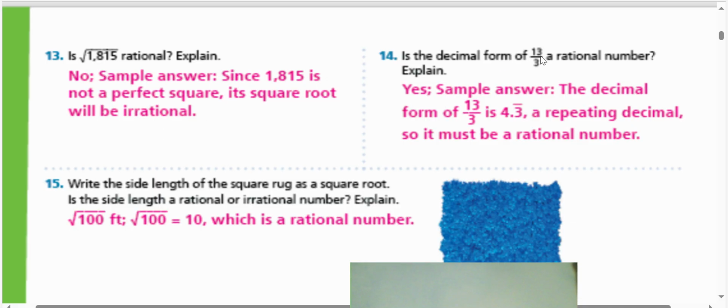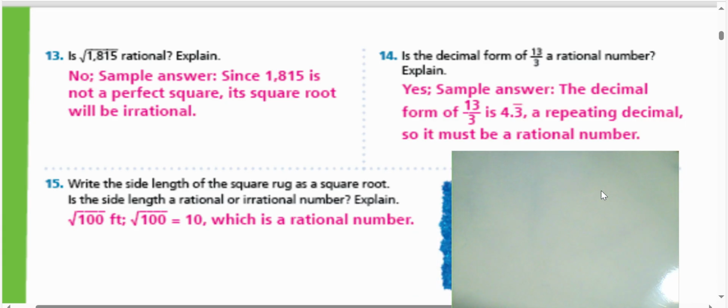Is the decimal number 13 over 3 rational or not? This is a rational number, because 13 over 3 we can write as 4 and a third. The decimal we can write as a rational number, because the decimal of 13 over 3 will be 4.3 and so on. Or you can convert 13 over 3 from an improper fraction to a mixed number.